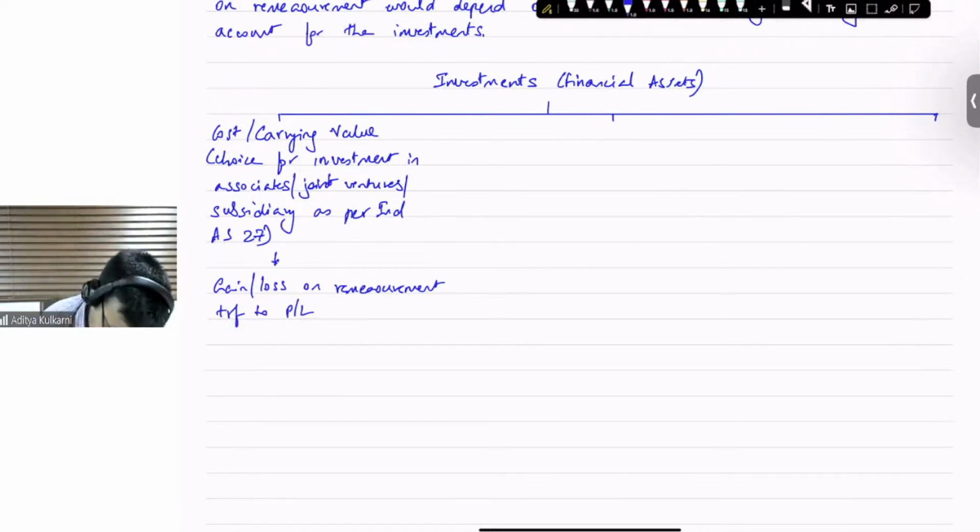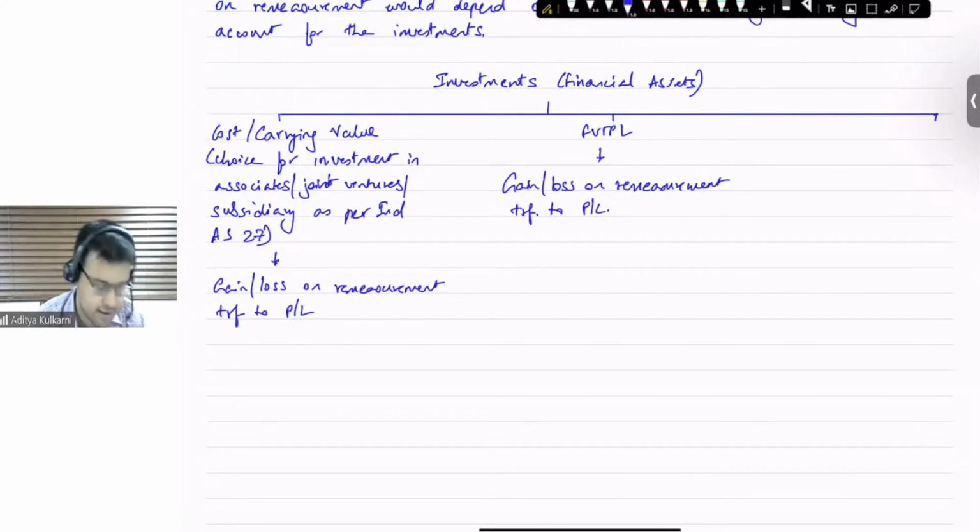If it is the FVTPL model under Ind AS 109, obviously here also the gain or loss on remeasurement is transferred to P&L.